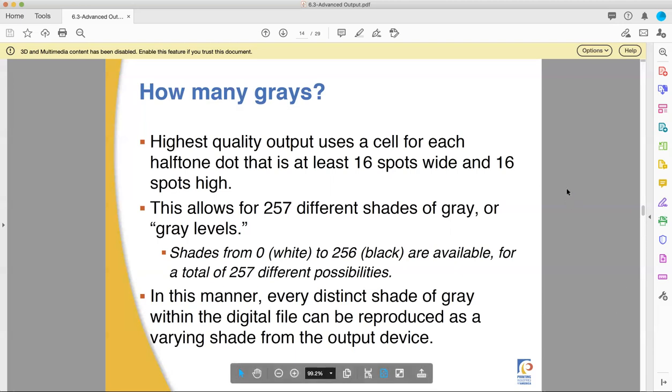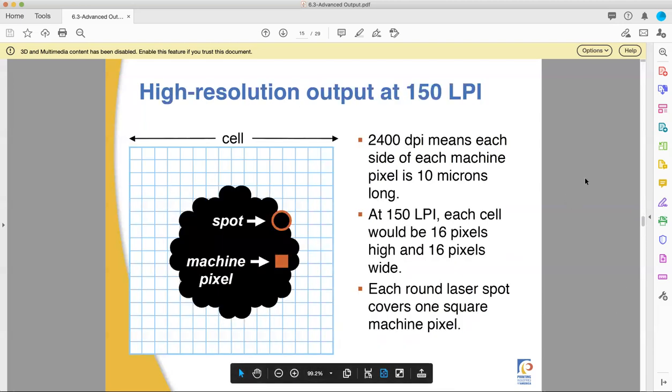Let's look at this from here. So here's a high resolution output set at 150 lines per inch. Remember, the lines per inch is half the dots per inch you would normally get. So 2400 DPI is talking about the length of the individual machine pixels, and therefore individual laser spots when it images the plate.